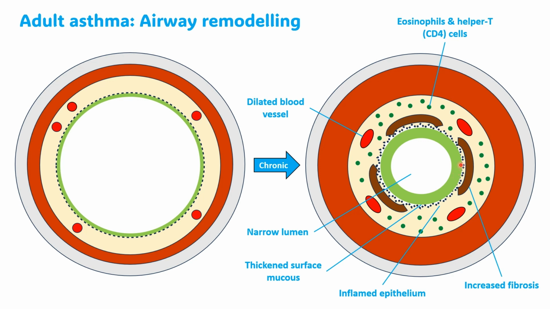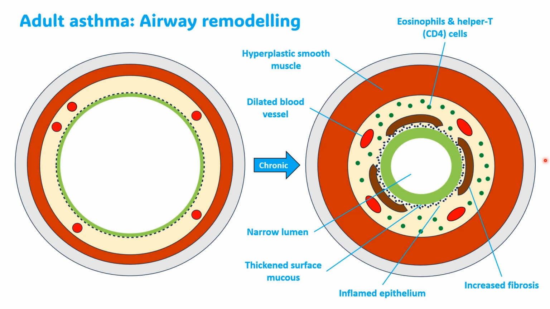And we also have a hyperplastic smooth muscle. So we can see the smooth muscle layer on this diagram on the right is much thicker than the one on the left. Okay, and this is because the smooth muscle proliferates in response to these growth factors and inflammatory cytokines, and then it ends up producing inflammatory cytokines and growth factors itself.